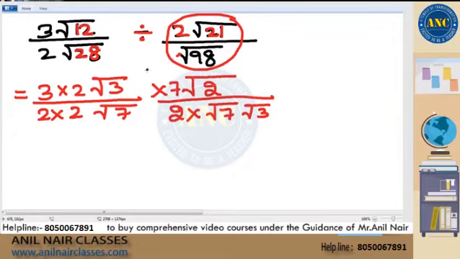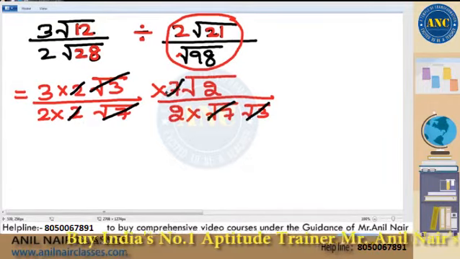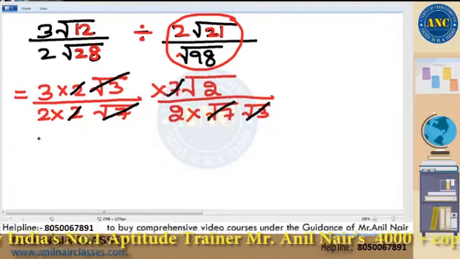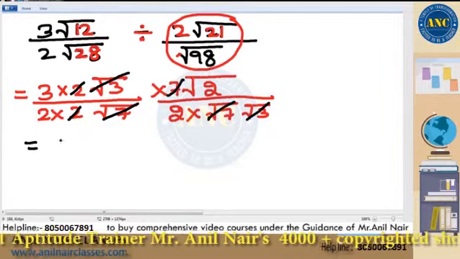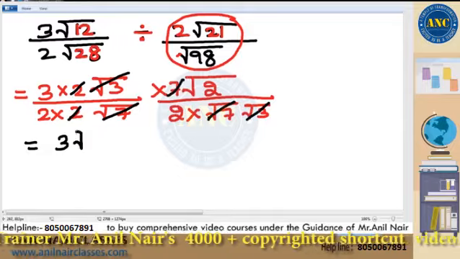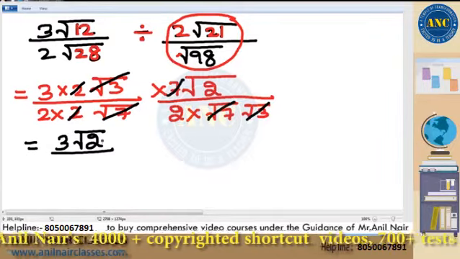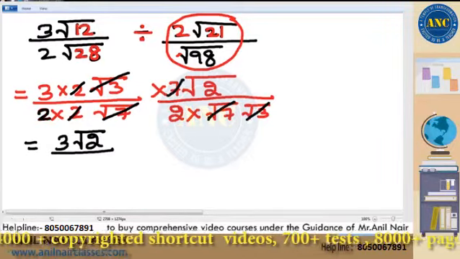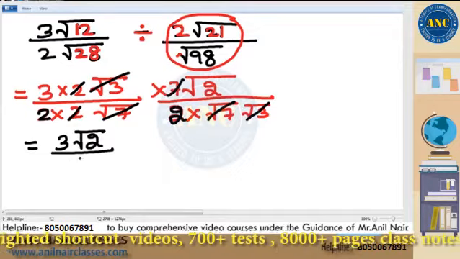Simplify everything, what all you can do. Can I say that this root 3 cancels, this 2 and 2 will cancel. What all you can simplify, sir? Root 7 into root 7 is 7. 7 is cancelled with 7. So in the numerator you are left with 3 root 2 divided by, denominator you are left with 2 into 2, which is nothing but 4, right?